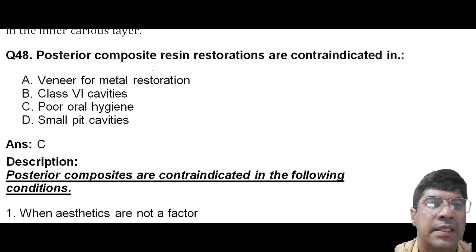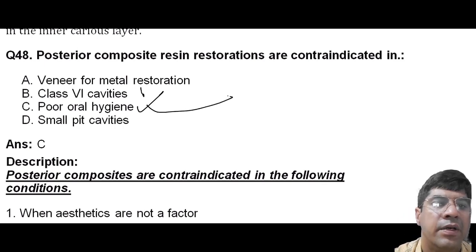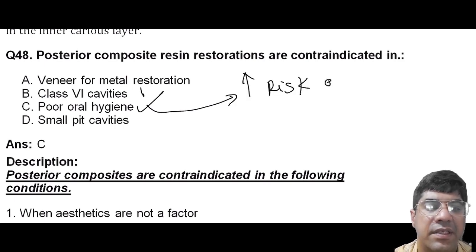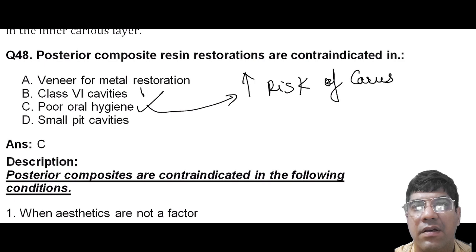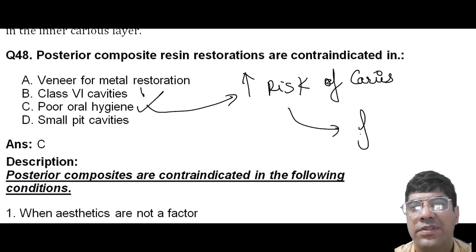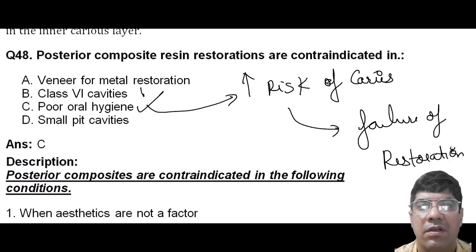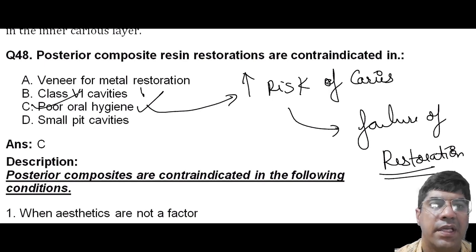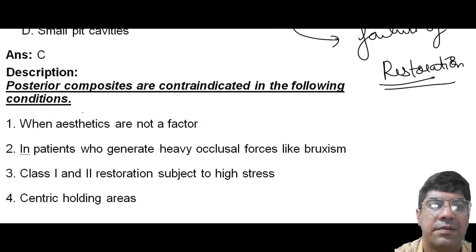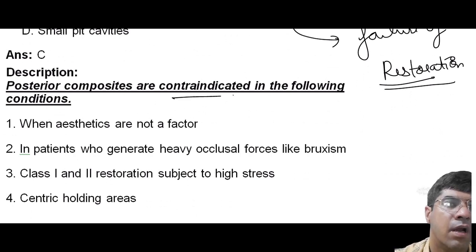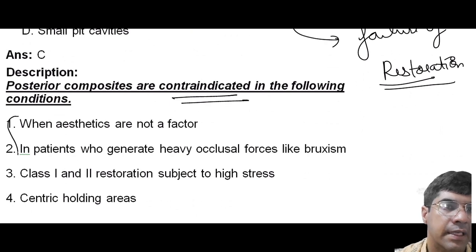Poor oral hygiene will lead to increased risk of caries, and that would cause failure of the restoration. So the answer is C. The posterior composites are contraindicated in these conditions.